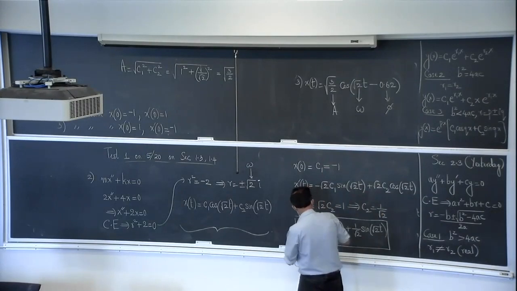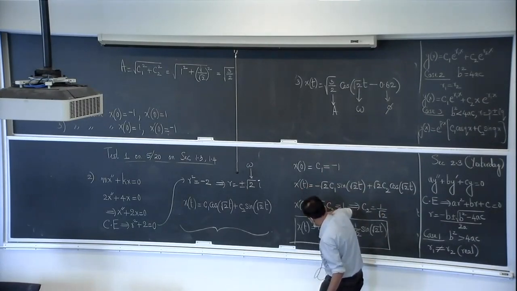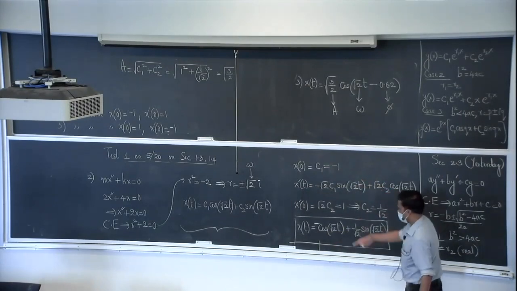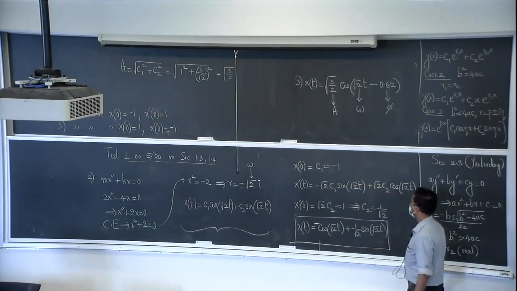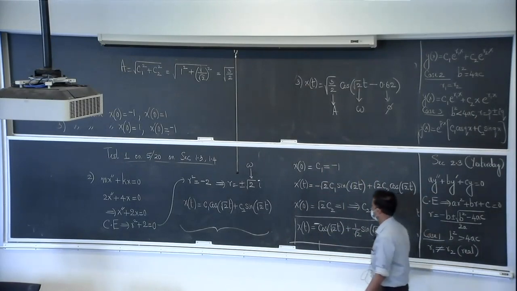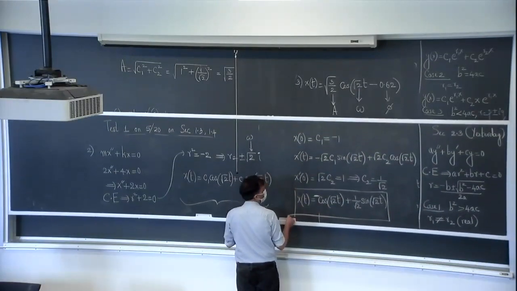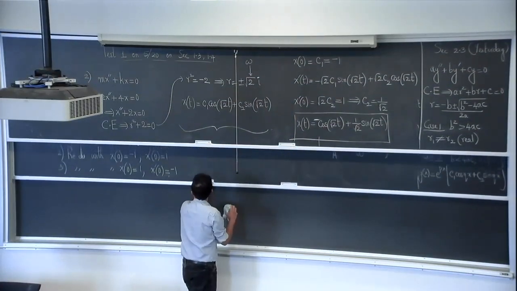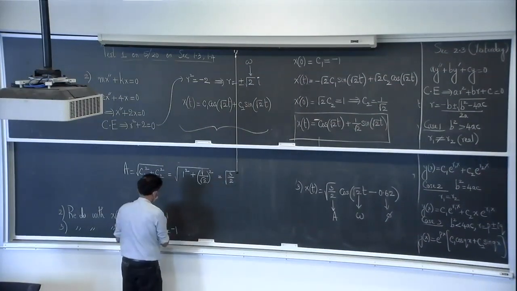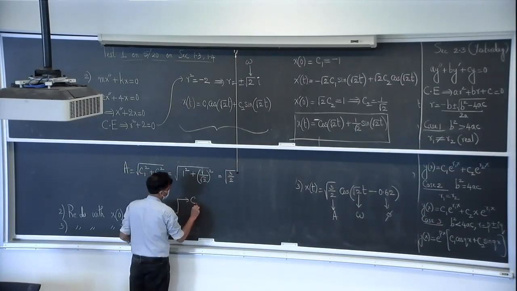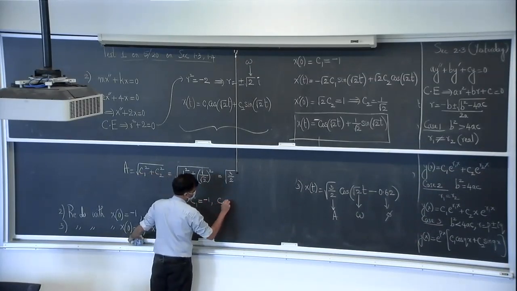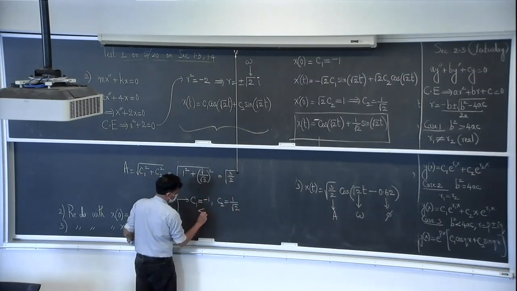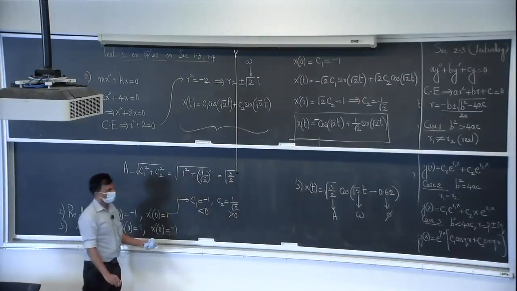So the only change here is that this will be negative because C1 is negative. C1 is negative, C2 is positive.